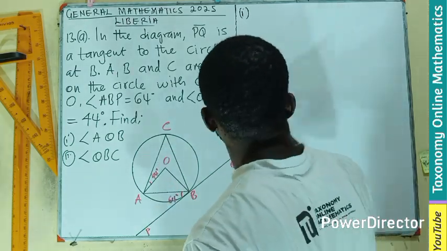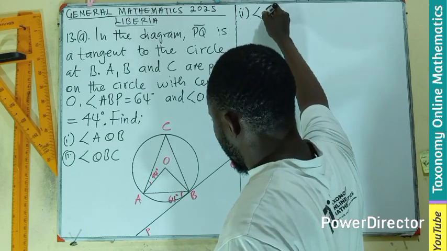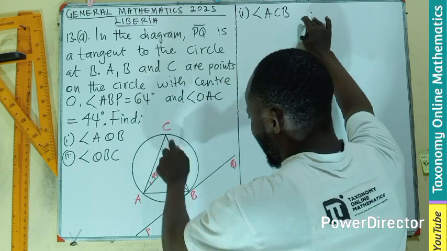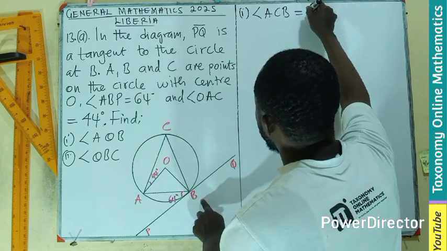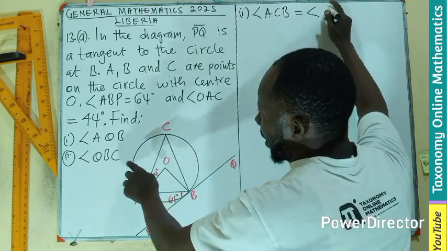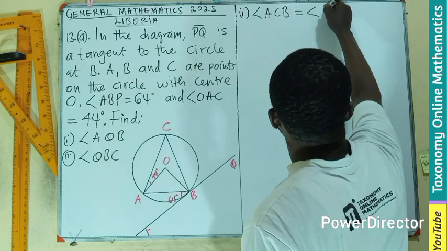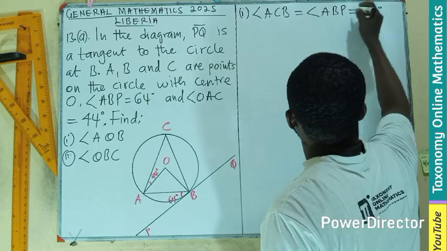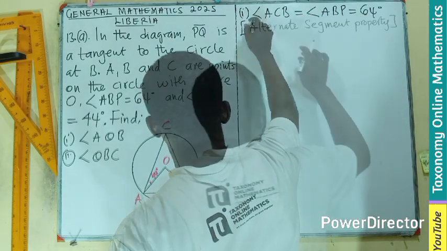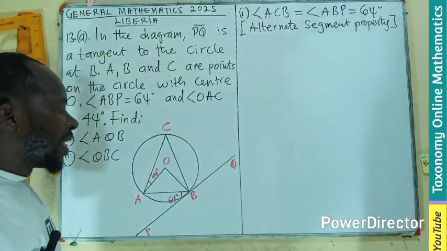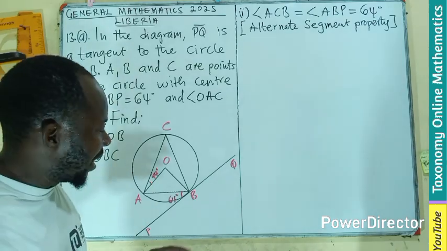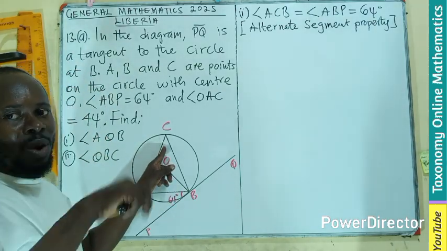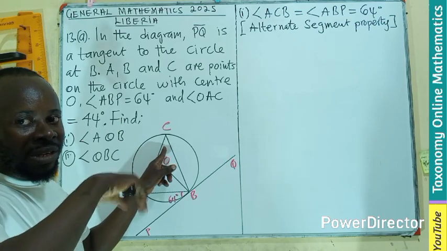So angle ACB equals the angle given in the question, ABP, which is 64 degrees. The property we are using is the alternate segment property: the angle between a chord and a tangent equals the angle in the opposite segment.